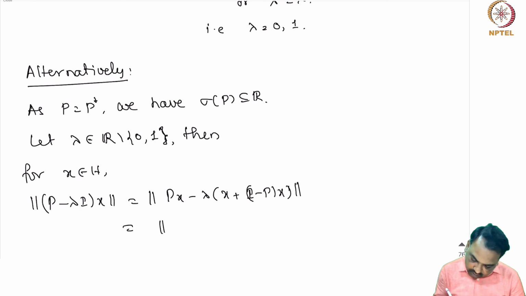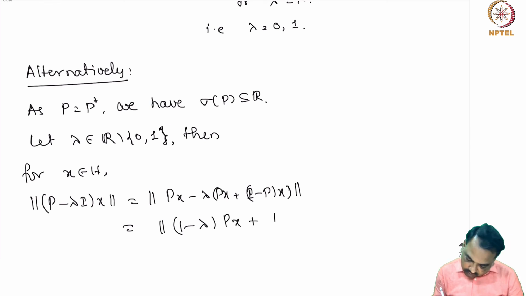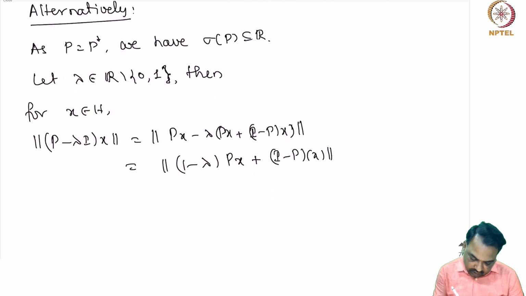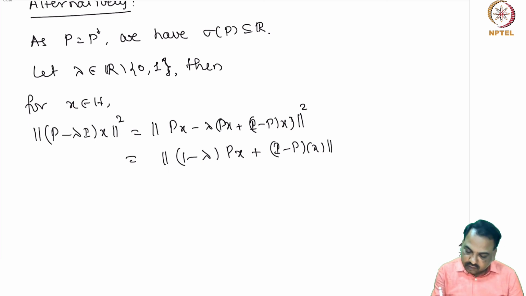So this is nothing but (1 minus lambda) Px plus (I minus P)x. So if you take the square everywhere, you will get, now these two vectors Px and (I minus P)x, they are mutually orthogonal.